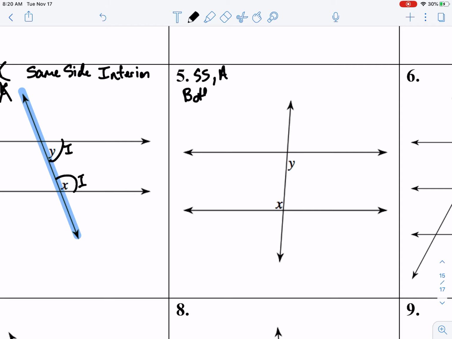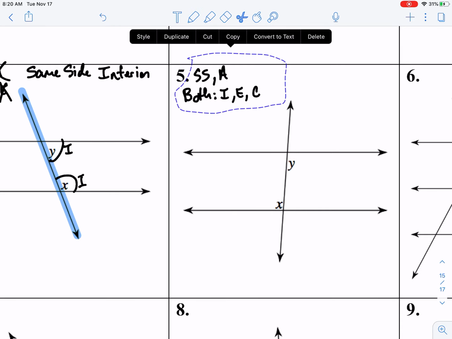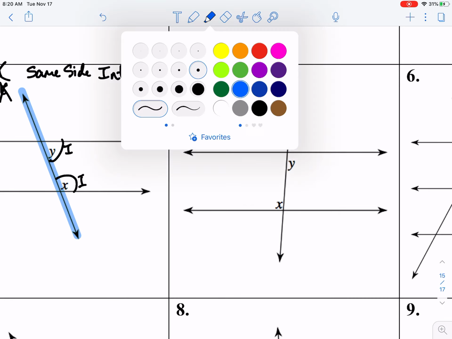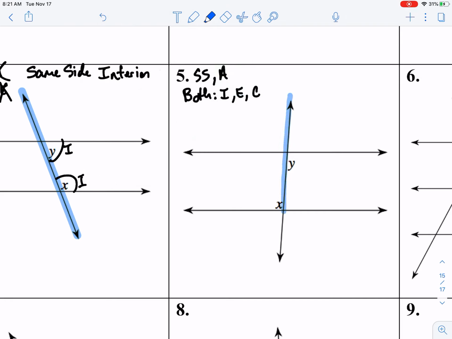Are they both interior, exterior, or corresponding? I like to highlight my transversal, mark my angles.